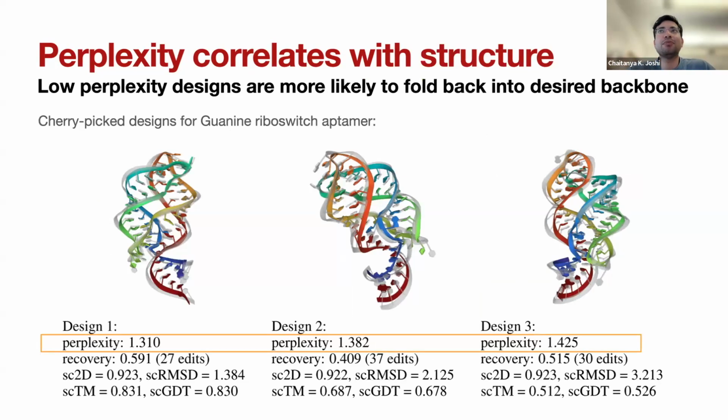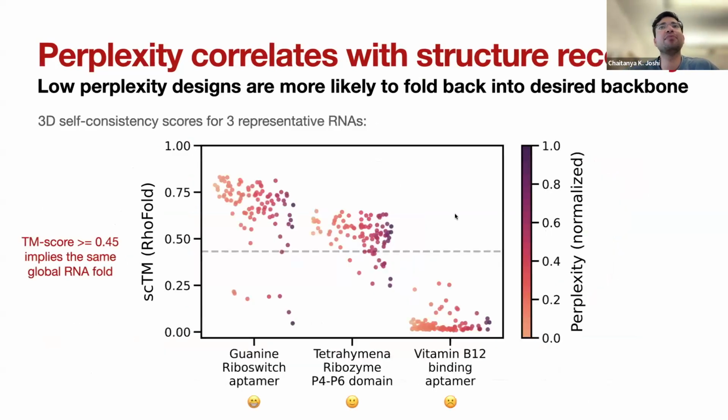Here I'm showing some cherry-picked designs, in the order of better to worse perplexity. We're computing some self-consistency metrics for 3D structure, and we were generally seeing that designs with lower perplexity have better 3D metrics as well. Of course, this is cherry picked, but just to show you the range of how the model does.